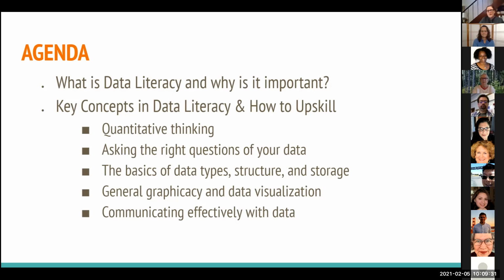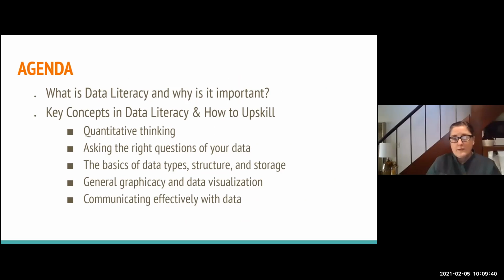But I also found that a lot of this is really helpful for folks who are currently analysts, and even folks who just work alongside and manage analysts, because all of these ideas and concepts are stuff that we use every day, and most of us already know a lot of it, and we just don't even realize that we know it. So multiple audiences, and I'll try not to go too deep on any specific thing, but give enough of a broad outline that you can do your own follow-up research if you're interested.